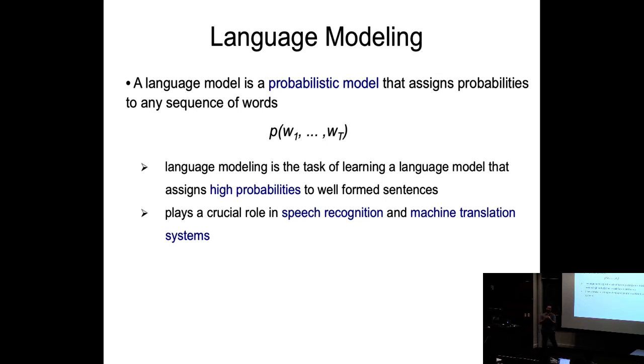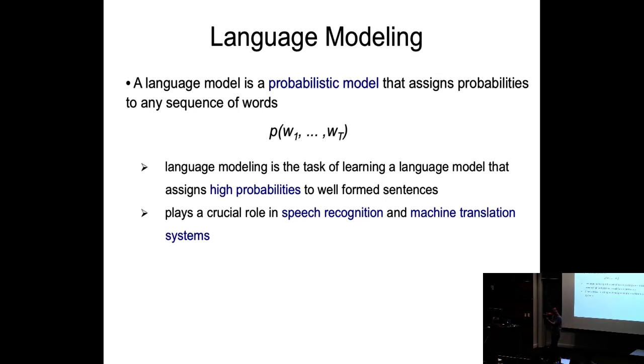Like if my speech recognition outputs 'I go go to my class,' the language model will say that's not a very probable sentence, because typically I don't say go twice. But if the output is 'I go to my class,' then this sentence will have very high probability. So even though my speech recognition system predicts something different, the language model can correct it and give me the right output.